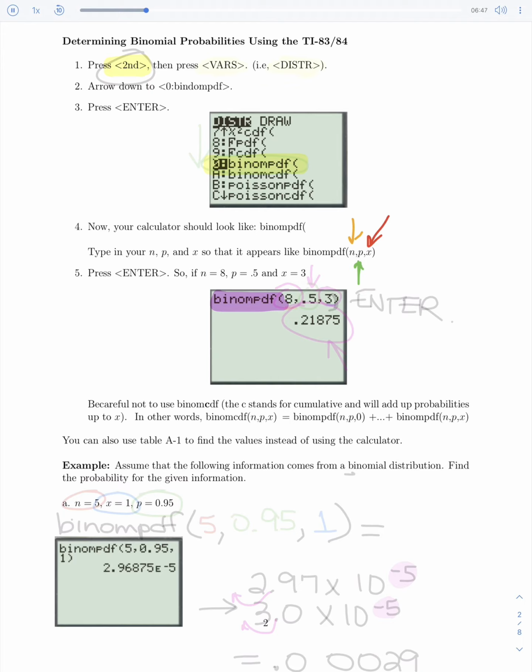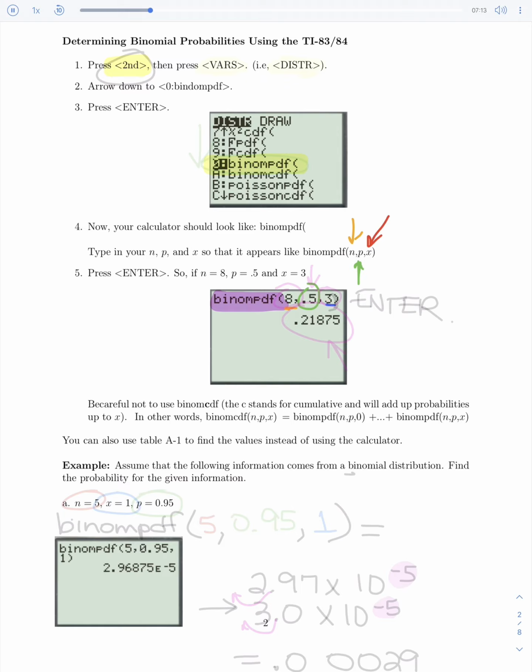So on this first example, what I did is I used an N of 8, which means whatever game or experiment it was, there were 8 trials or 8 games played. The probability of succeeding or winning was 50-50. And I wanted to find the probability of winning just 3 out of the 8 games.